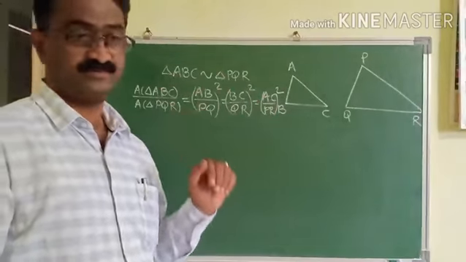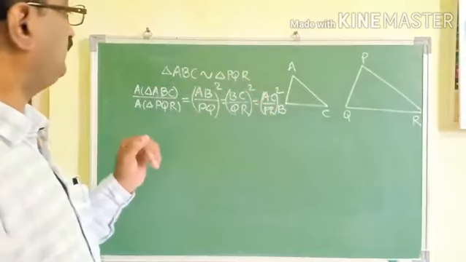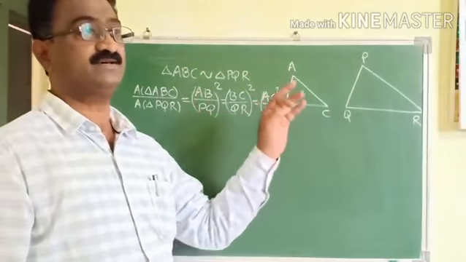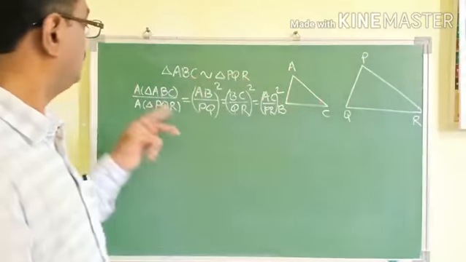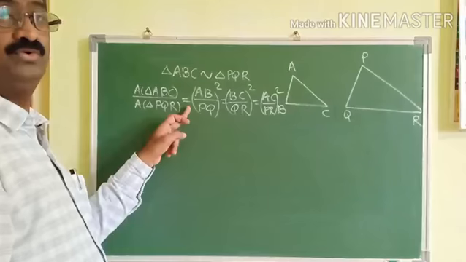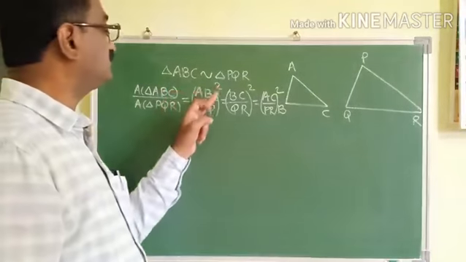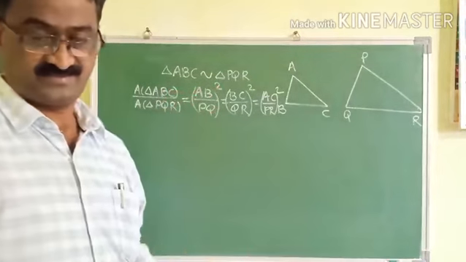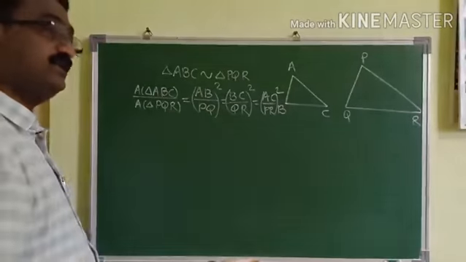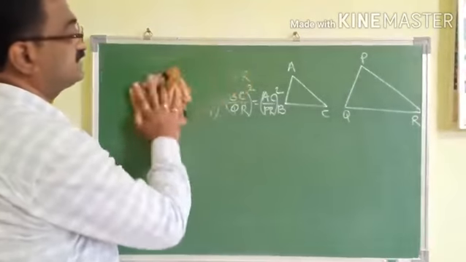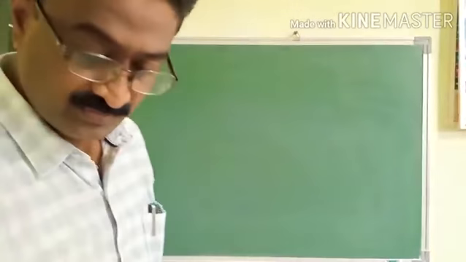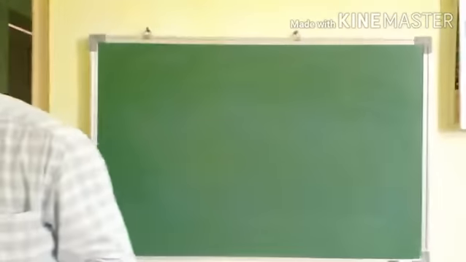What is the statement? When the two triangles are similar, then the ratio of their areas is equal to the ratio of squares of their corresponding sides. So write down that statement.